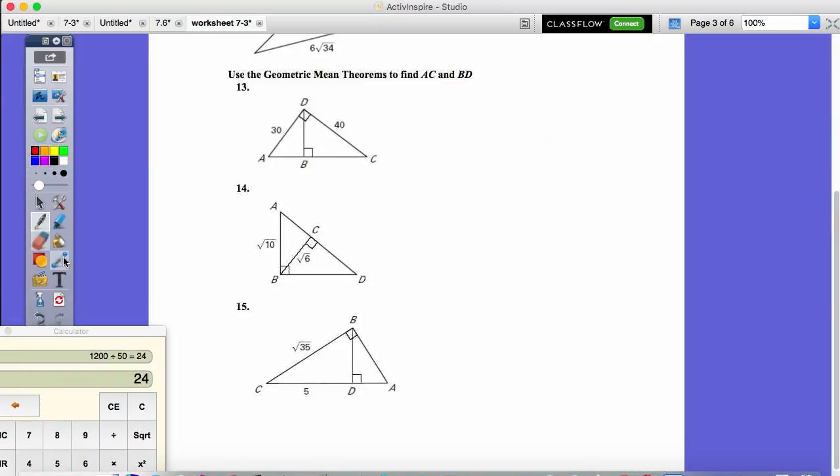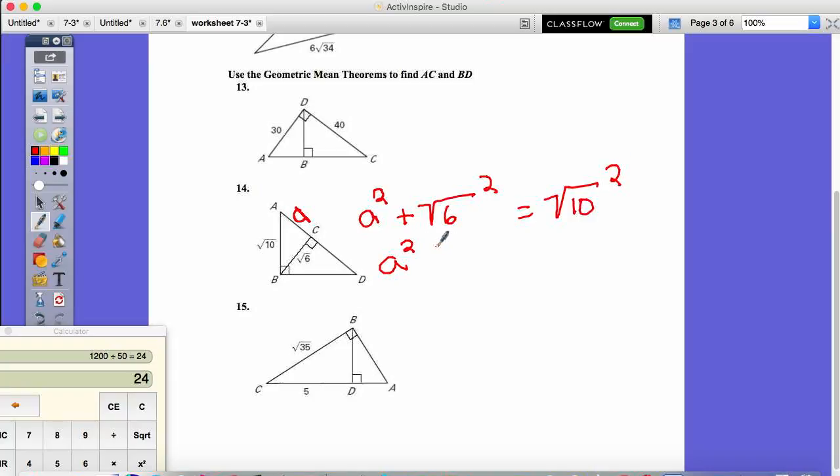That's problem 13. For problem 14, they want to find AC and BD. To find AC, this is a right triangle. Actually, I'm going to call this A because it's one of the legs of the smaller triangle. A squared plus radical 6 squared equals the hypotenuse, radical 10, squared.